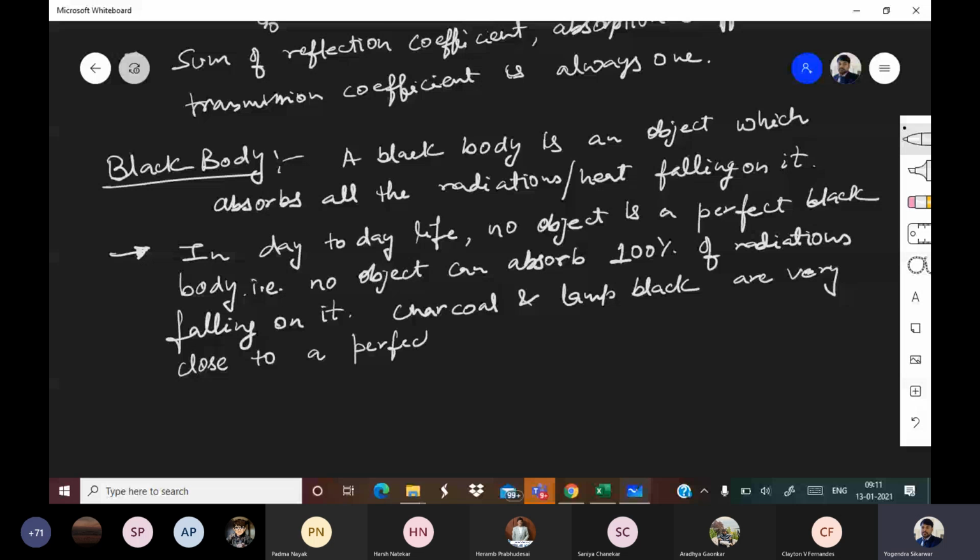Very close, but they are not. Okay. So charcoal and lamp black are quite close to being a perfect black body, but these are not perfect black bodies.